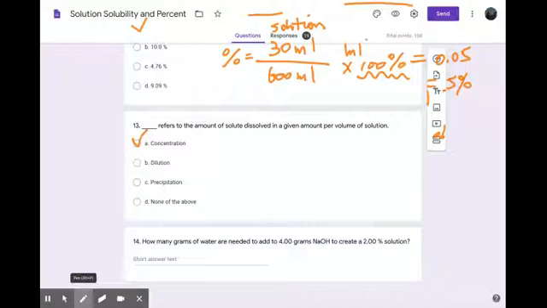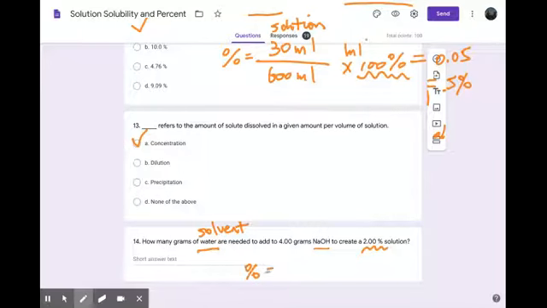How many grams of water are needed to add to 4 gram NaOH to create a 2% solution? Water is not a solution, water is a solvent. Remember our percentage.